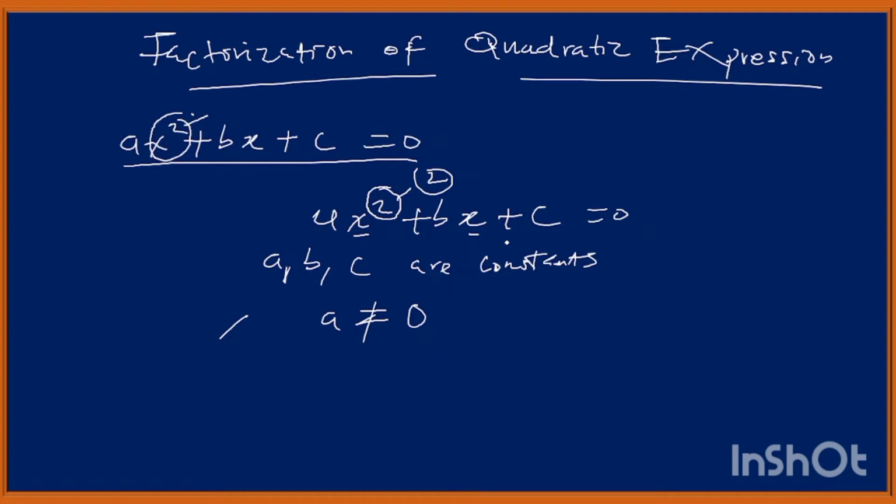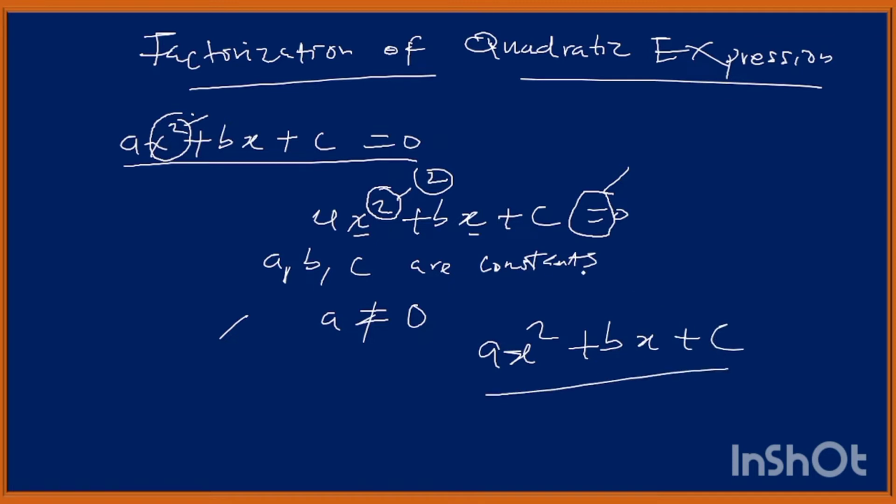It becomes a quadratic expression if there's no equality symbol. That is, if we have ax squared plus bx plus c, this is a quadratic expression. This is a quadratic equation.